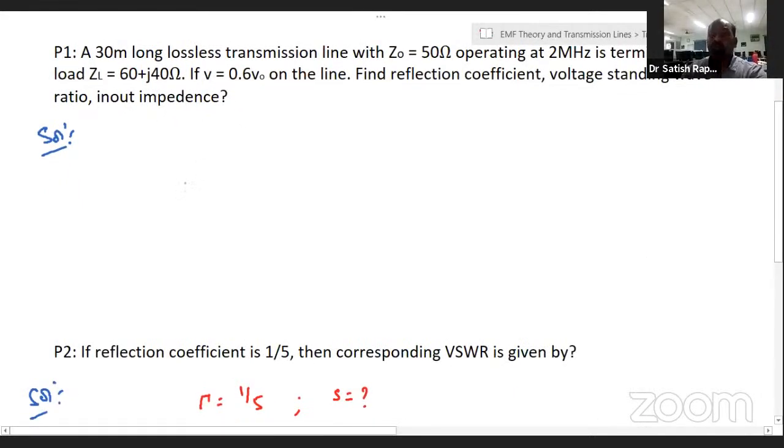Similarly, coming to the first problem, a 30-meter long lossless transmission line. First of all, note down the given data.